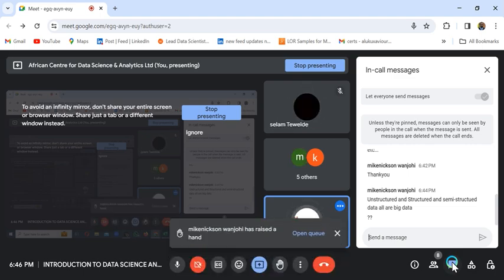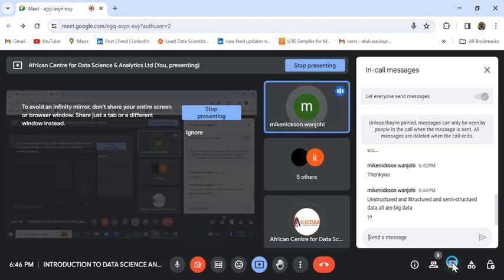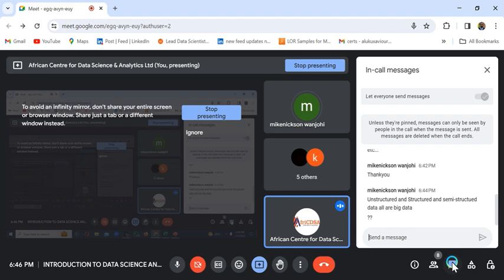Yes, Mike? Okay, thank you for that clarification. Meaning the traditional data only carries structured table data, but big data carries all three: the structured, the semi-structured, and the unstructured. Yes, exactly. I have given an example.